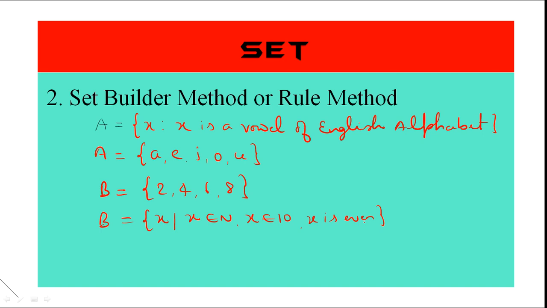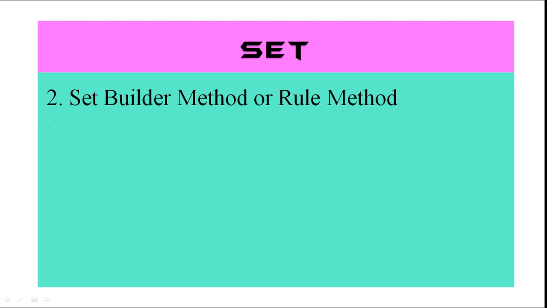Okay. Now, a few more things must be clear in the mind. In set, repetition of the element does not change the set. I wrote A, E, I, O, U, right. If I am repeating any element, suppose I am writing another set, A dash as A, E, A, U, I, O, U. Here you can see I have repeated a few elements. So, repetition of the element does not change the set.